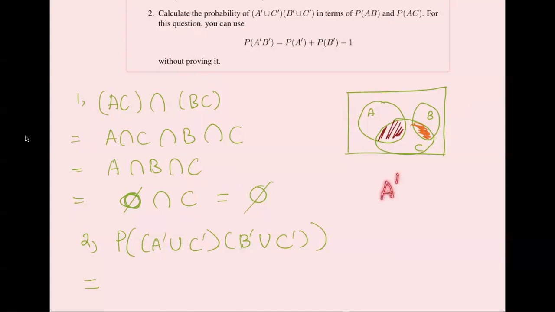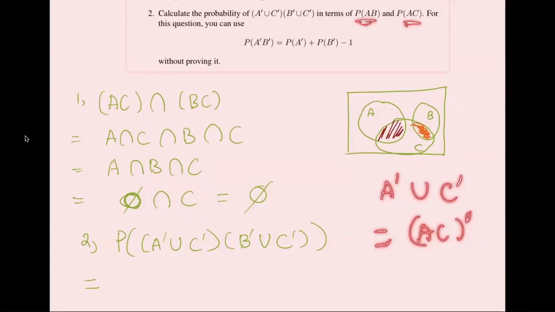What is A complement union with C complement? What is it equal to? Yes, AC complement, right? And notice that we are trying to write in terms of probability of AB and AC.